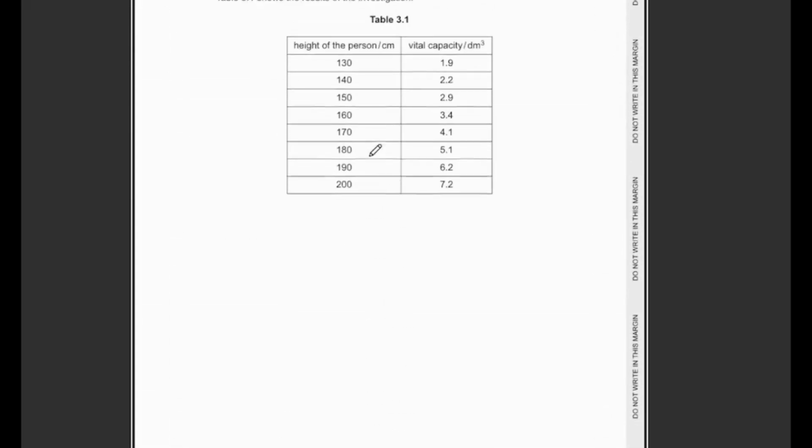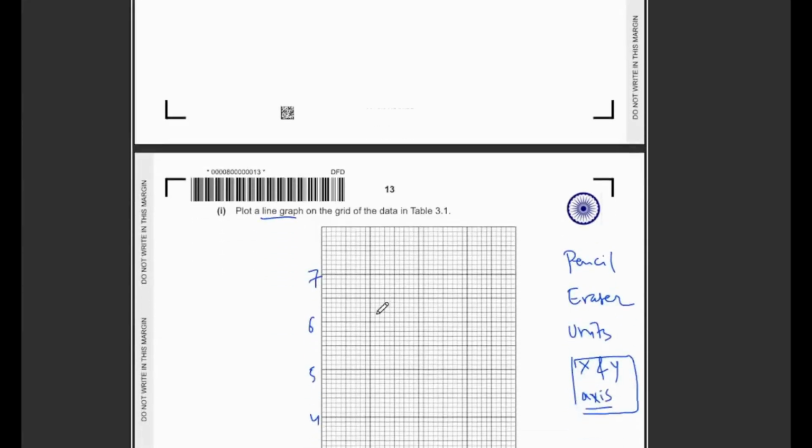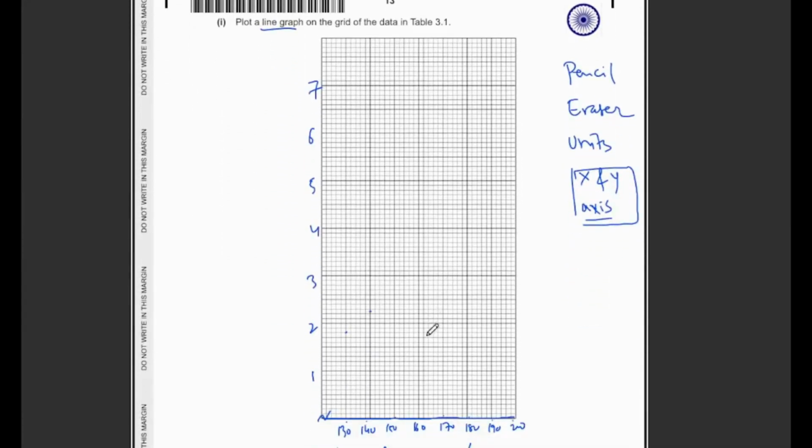Okay, and how is it now? 1.9, 2.2. So let's see, 1.9 on this. Okay, this is 1.9, 2.2, something in this way. So just follow this one and then you can do 2.9, 3.4. Okay, 2.9, and then the next one is 3.4.